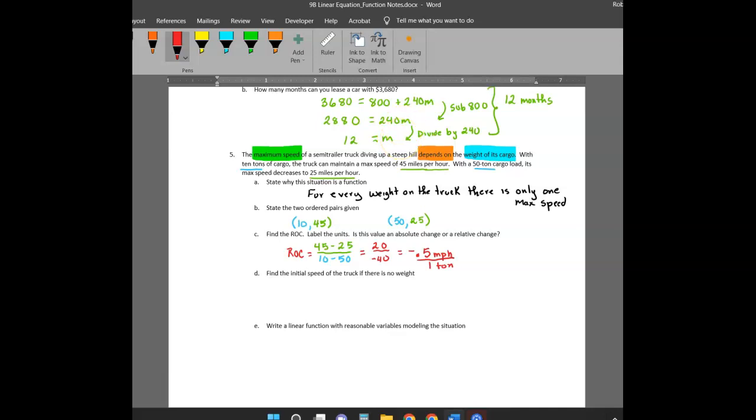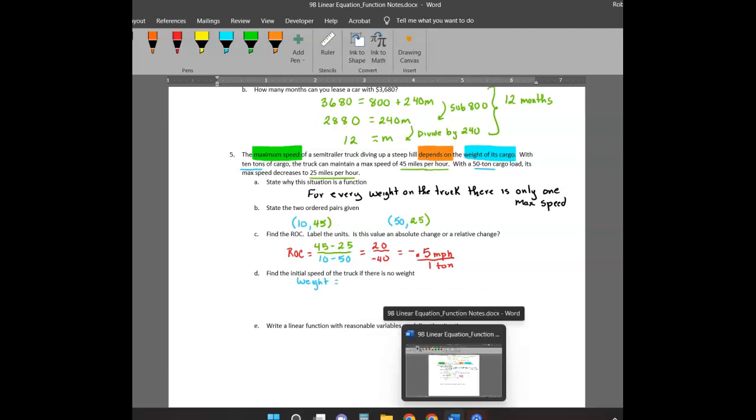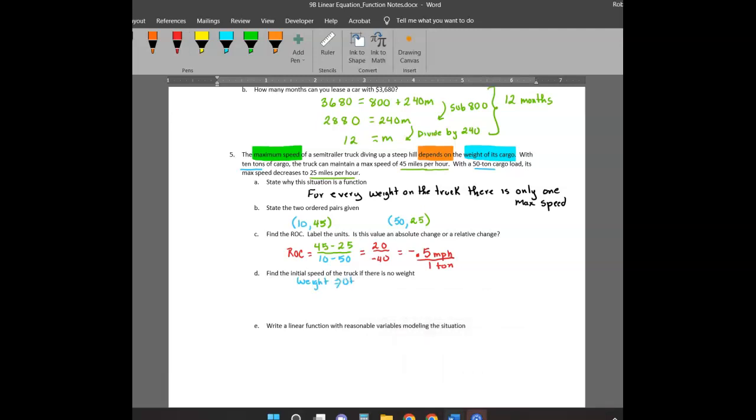So the initial speed would be if the weight is 0 pounds or 0 tons. So right now we know something about 10 tons. We want to get it to 0 tons. So that means we need to decrease by 10 tons.